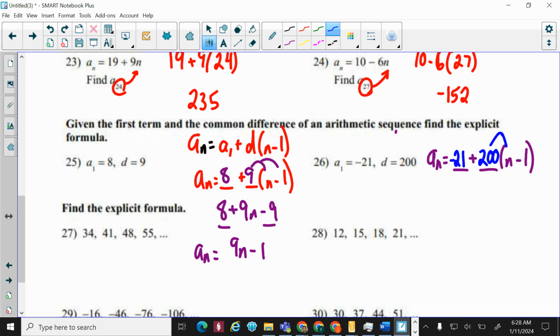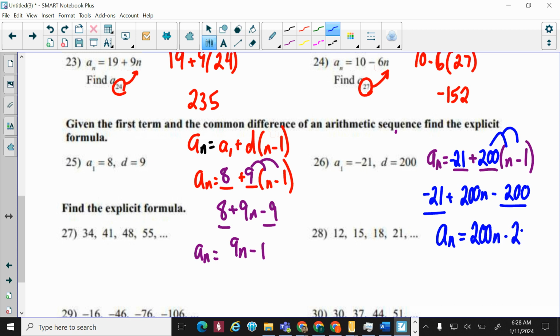You're going to take the 200, which is next to the parenthesis, and distribute it. It becomes negative 21 plus 200n minus 200. Then you combine like terms, and your final answer is a of n is equal to 200n minus 221. That's a minus sign.